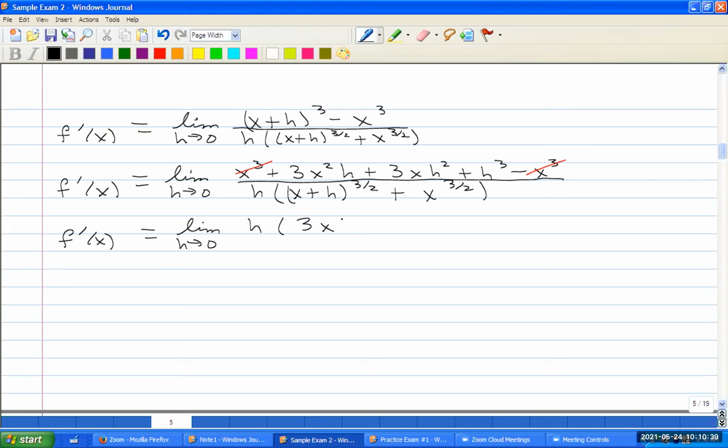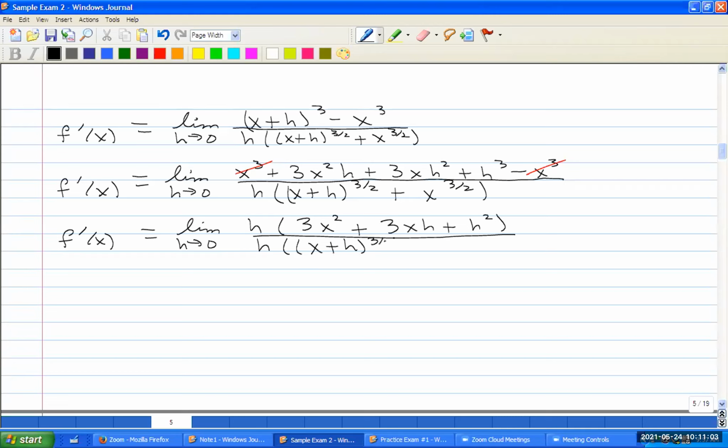So you have 3x squared plus 3xh plus h squared over h times x plus h to the 3/2 plus x to the 3/2. The h's cancel.